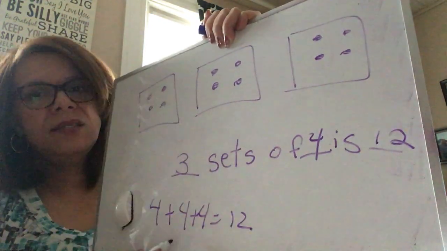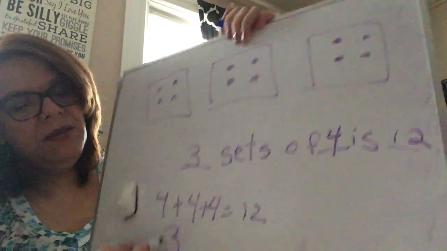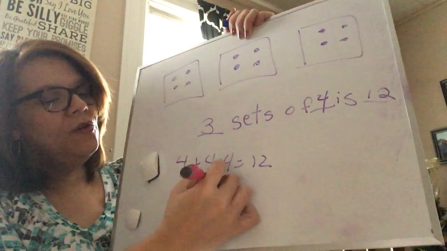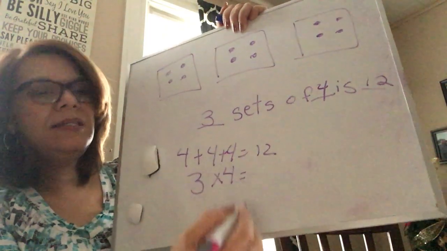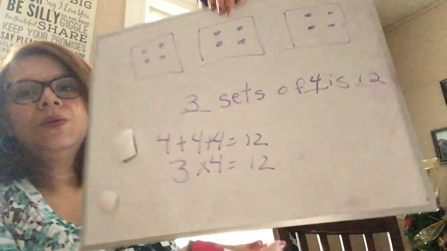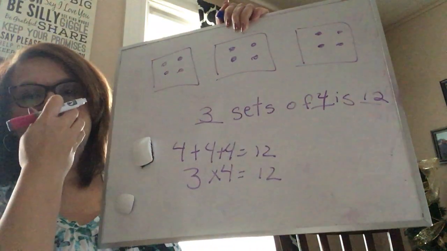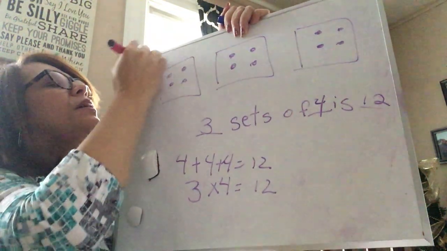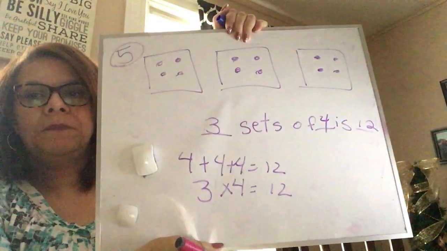There are 3 sets, so it's 3 times, how many in each? 4, and that is equal to 12. And just in case you're wondering, I've said it before, this is number 5.